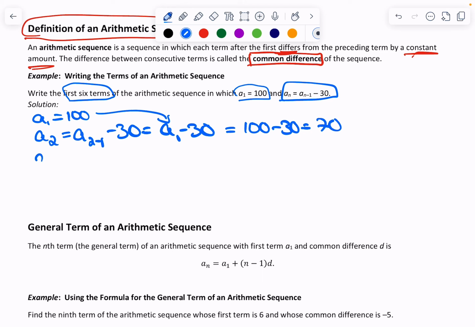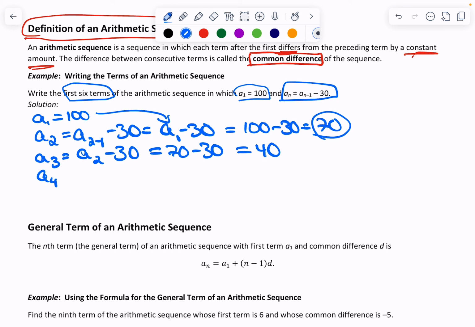Our third term is going to be, again, one less than what we're doing. So one less from 3 is 2, minus 30. Our second term is 70, so it's going to be 70 minus 30, which is 40. Our fourth term is going to be, again, one less than we just had, so the third term minus 30.